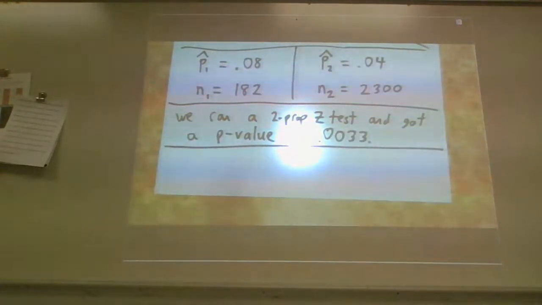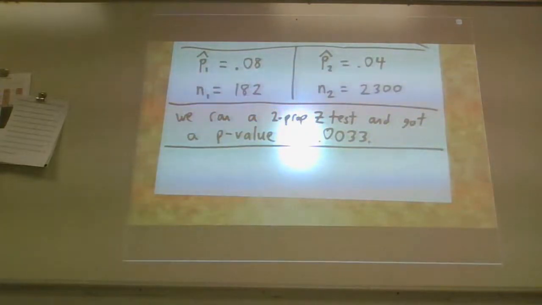A lot of the time you have to express that using the notation that we did the other day, where we did p sub 1 minus p sub 2 equals 0 for the null, meaning no difference. We rejected it, meaning that we had evidence to suggest that there was a difference.